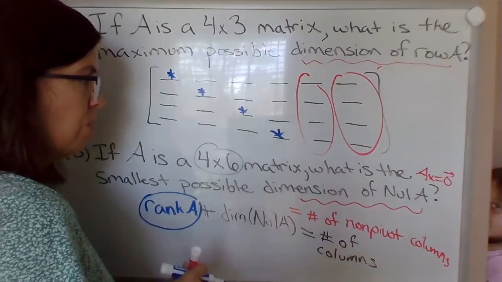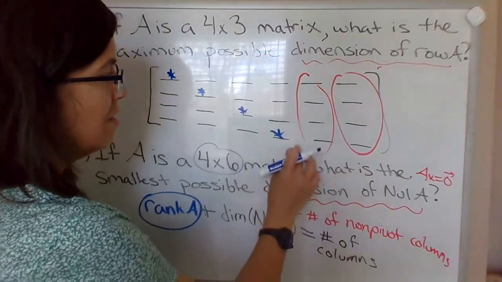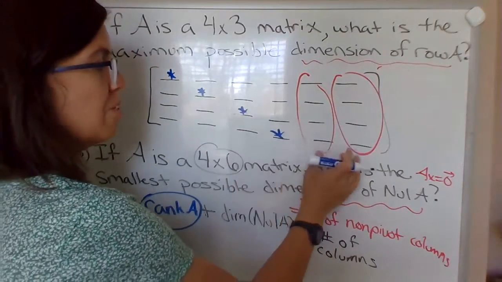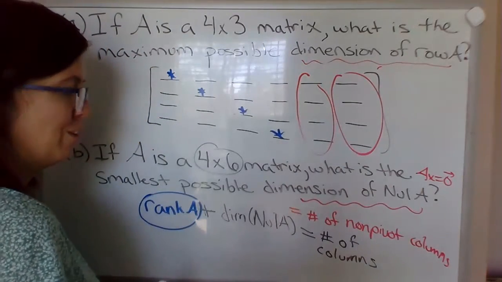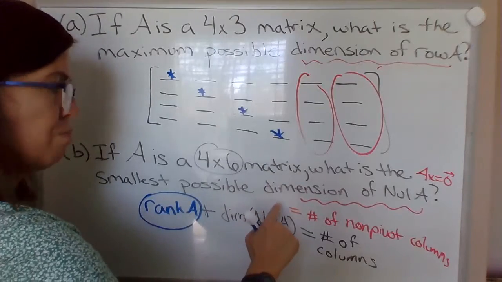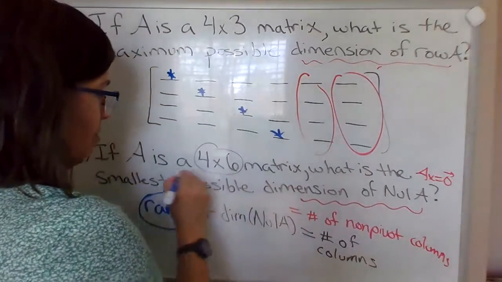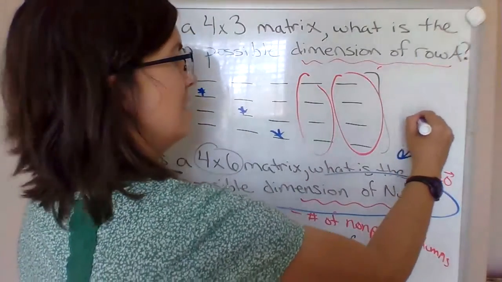Best case scenario, we end up with a pivot in all 4 rows, which means pivot in 4 columns, and then we have 2 left for the dimension of the null space. Okay, so our smallest possible dimension for the null space of A here, the answer to question B, is 2.